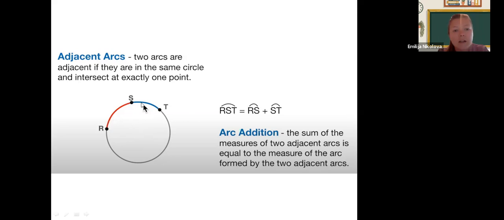We can do addition of them: if we add the first one plus the second one, that will be the sum of the 2 angles that are formed. So for example, if I am given the length of one of these arcs, and I have the arc of the other one, I can find the total arc from R till T.